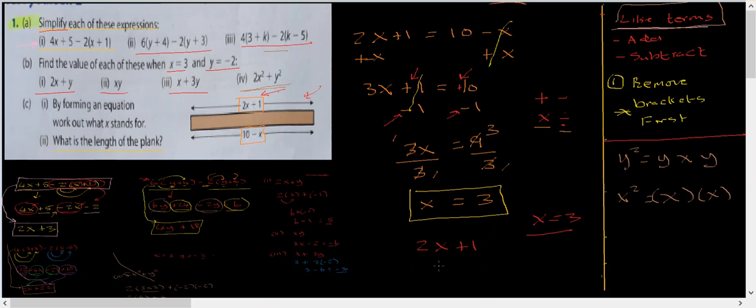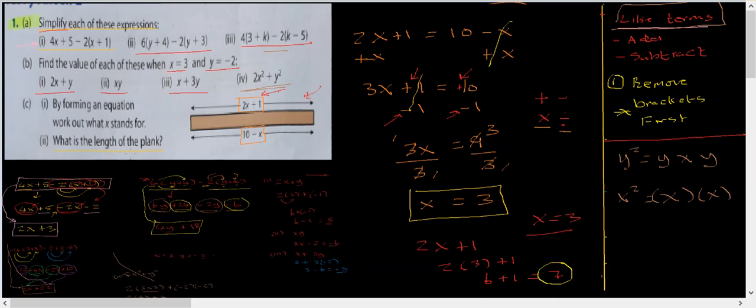So it's 2 multiplied by 3 plus 1. 2 by 3 is 6, plus 1 is equal to 7. So the length of the plank is equal to 7.